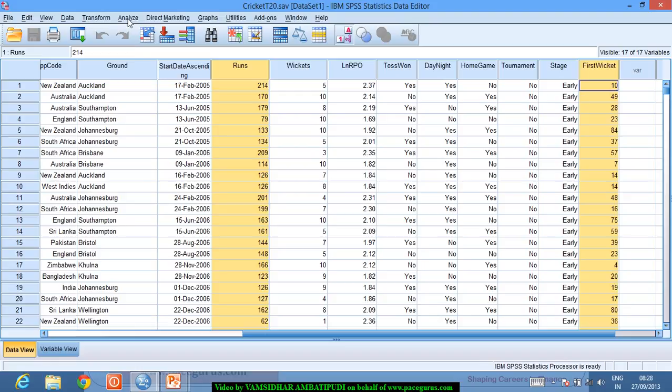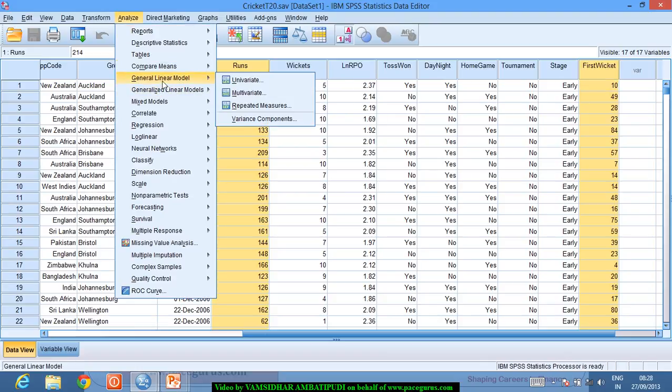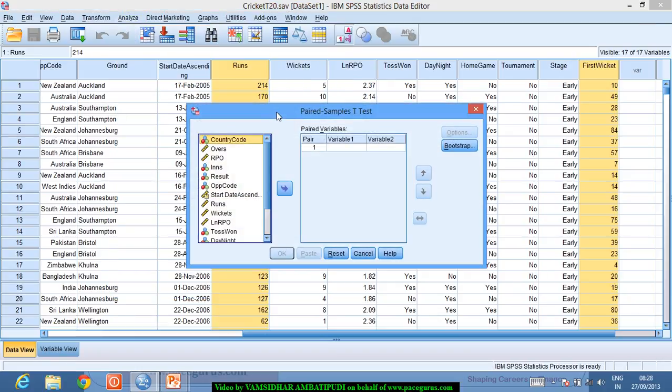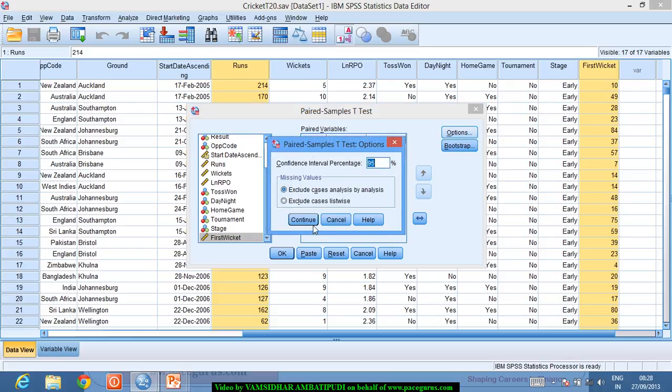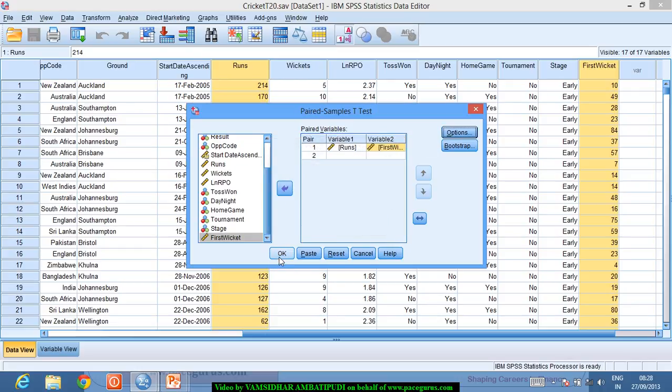All right, so I'll go for compare means. I'll go with a paired sample t-test, where variable 1 is the runs and variable 2 is the first wicket partnership. The same logic continues again, there is nothing else to change.